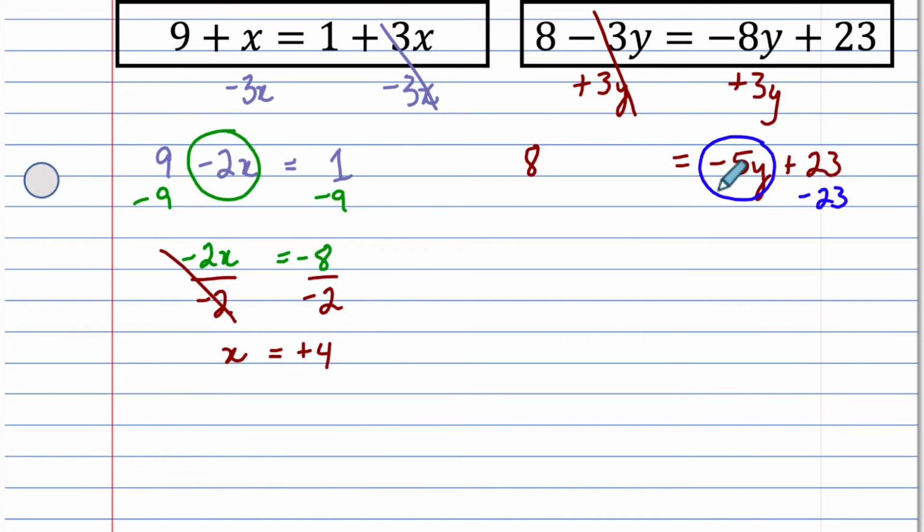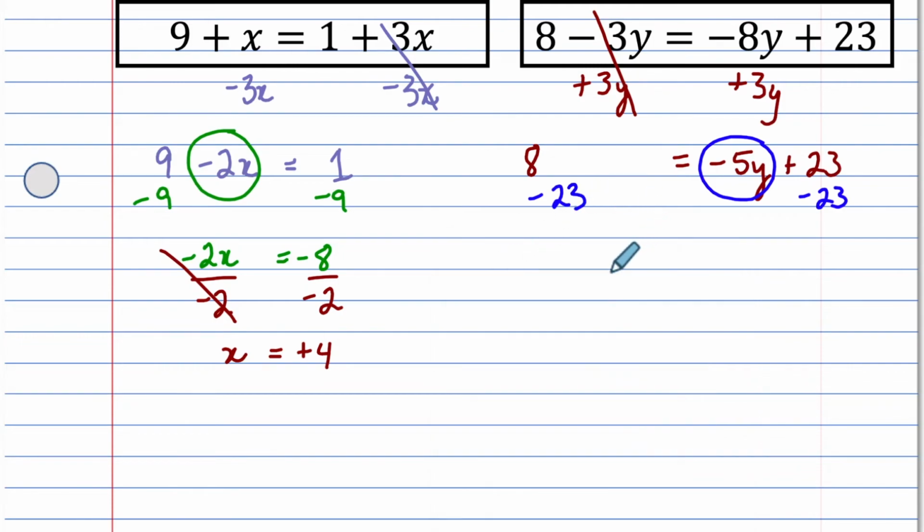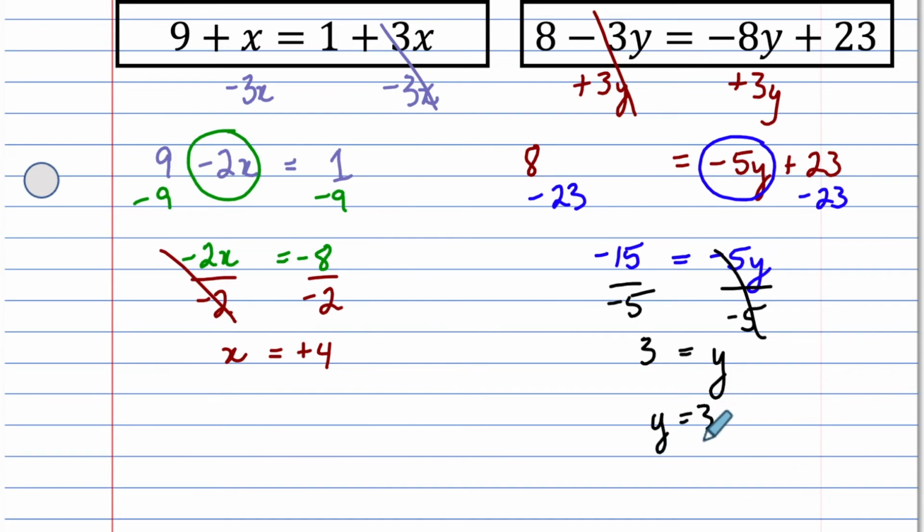Subtract 23. 8 subtract 23 equals negative 15. Equals negative 5y, and divide by negative 5. 3 equals y, or y is equal to 3.